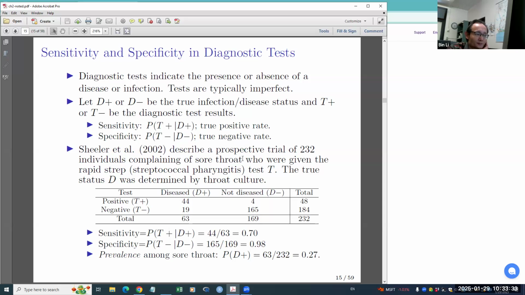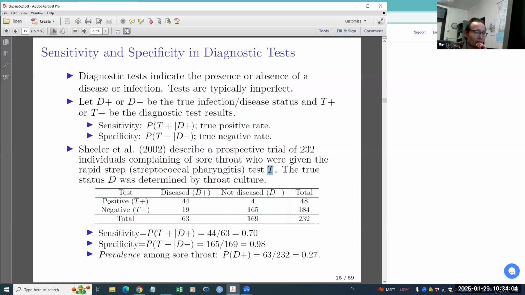This is a prospective trial of 232 individuals complaining of sore throats. Then they give the rapid test. The true status was determined by the standard method. This method takes a longer time, but this one is the rapid test.